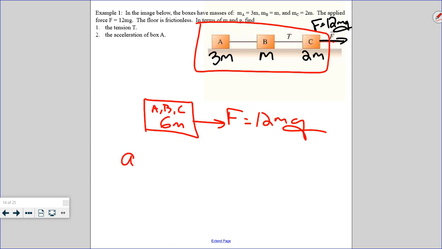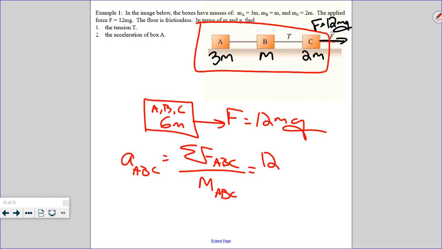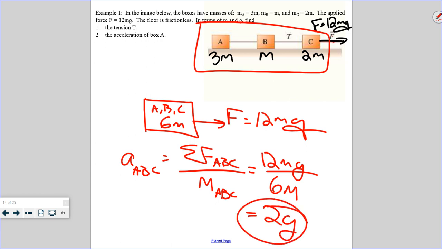The acceleration of objects A, B, and C is the net force on A, B, and C over the mass of A, B, and C, which is 12 mg over 6m. That gives us 2g. So there you go. Now we've got the acceleration.